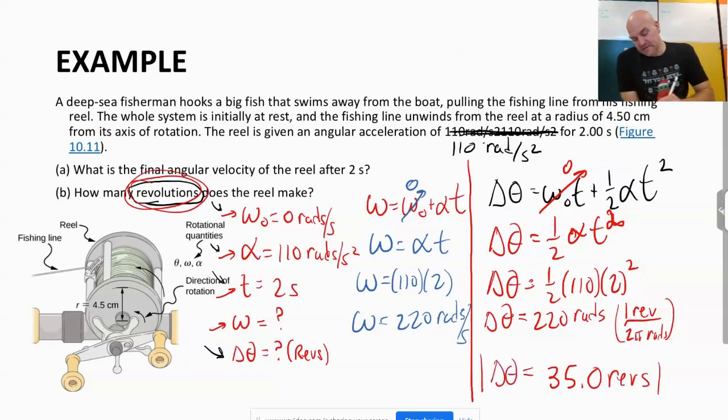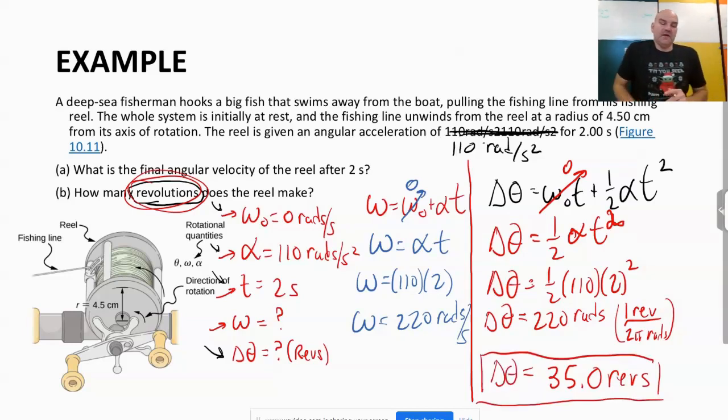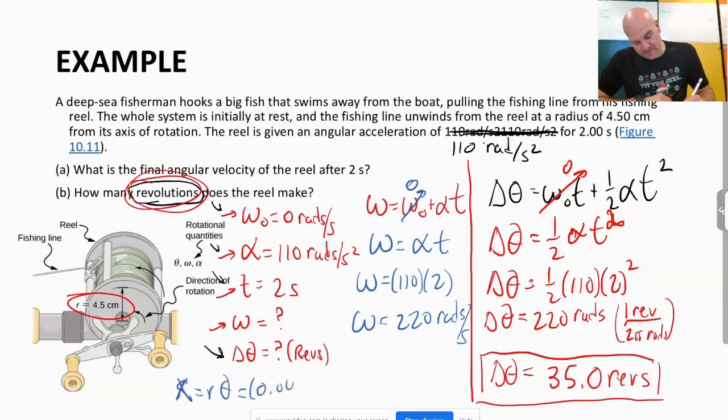So that's how many times that reel is going to spin in the 2 seconds that the fish is on the line. Now, they threw this 4.5 centimeters in there because maybe they ask how much string is pulled. If they ask you that, you would use x equals r theta. And so then you would do 0.045 times 220.